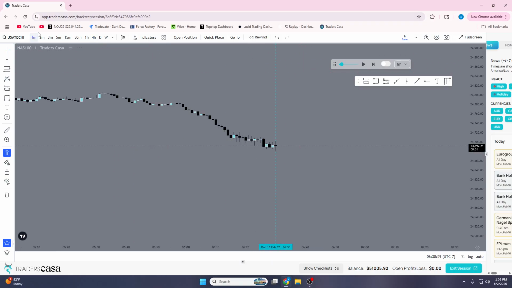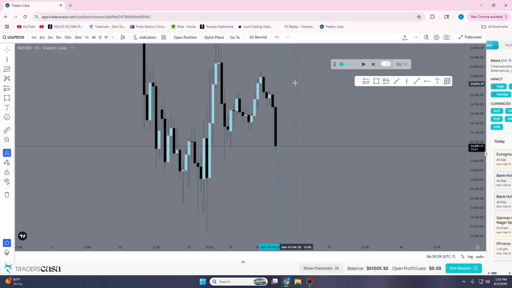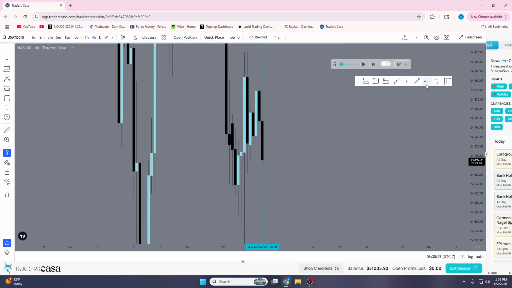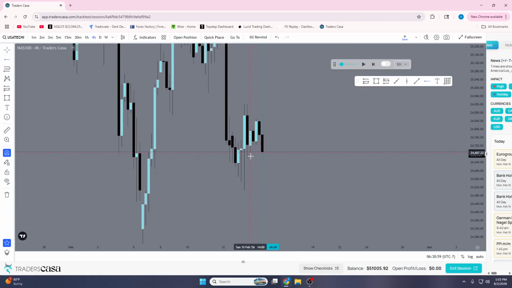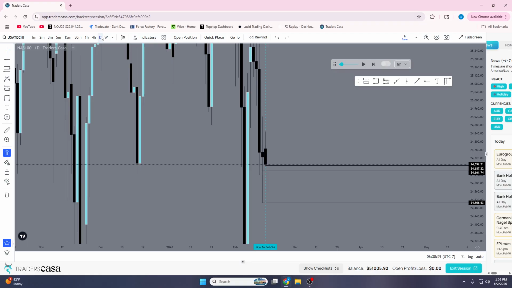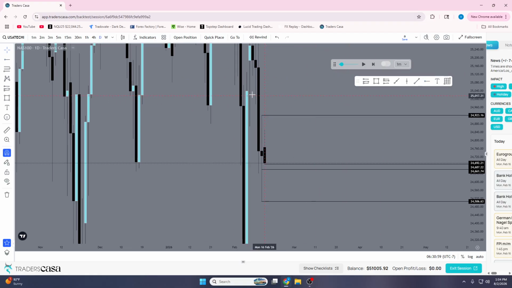Immediately, what do we do here? Craziest sell-off of all time. Classic. Targeting some of these lows, looks like. Boom. Boom. Boom. Looks like we're going to all-time lows. We have this daily gap though.